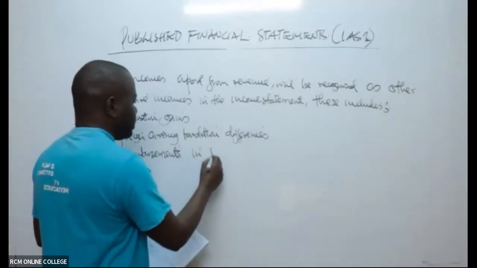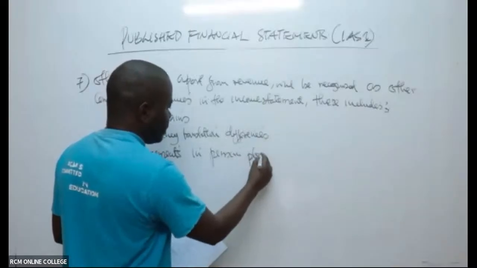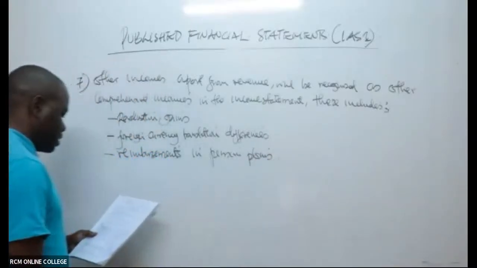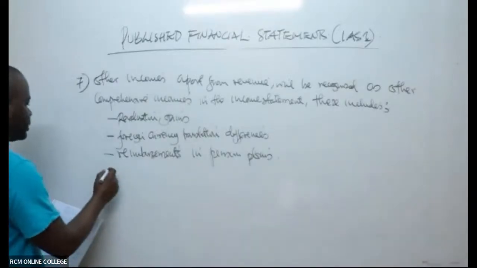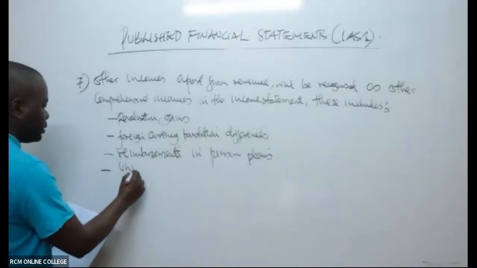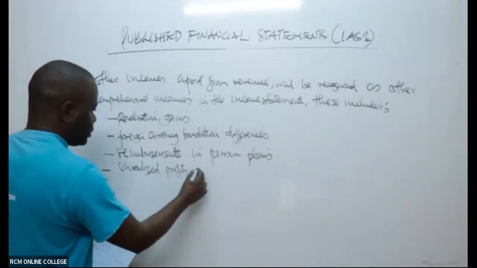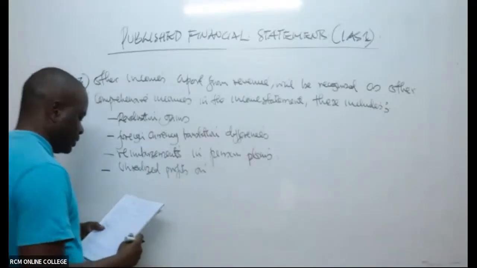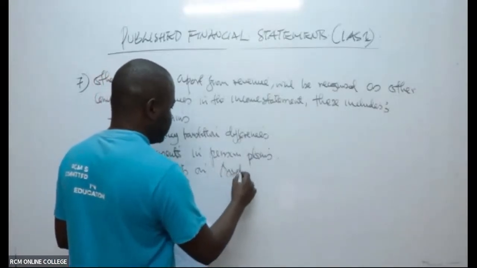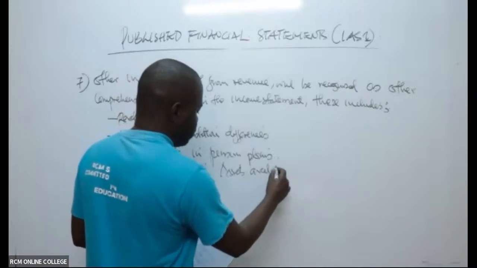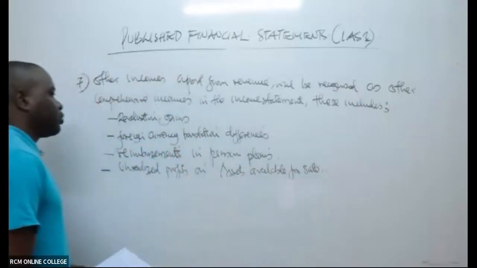Then unrealized profits on assets, unrealized profits on assets available for sale.